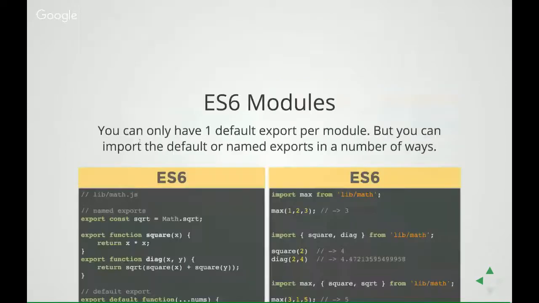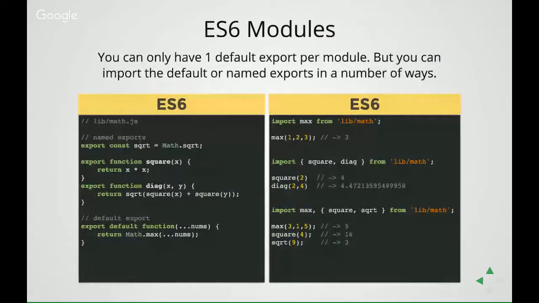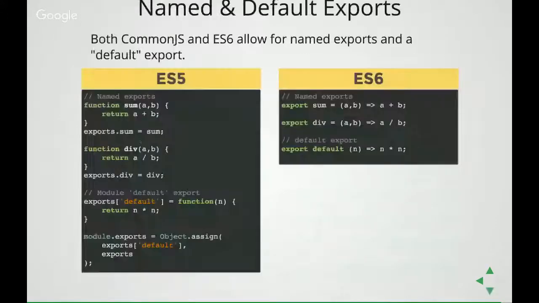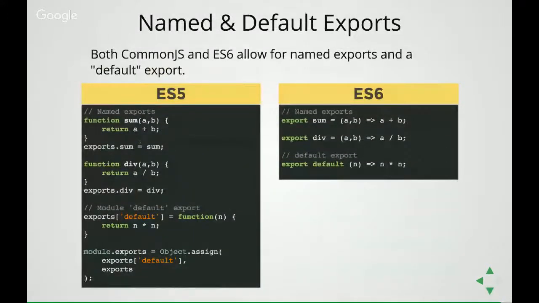If you use the same export for different functions, they will override. For ES6 or ES5? ES5. In ES5, there's two keywords that CommonJS environments set up, right? Number one is module, and that module is an object that defines the actual module being defined by that file.